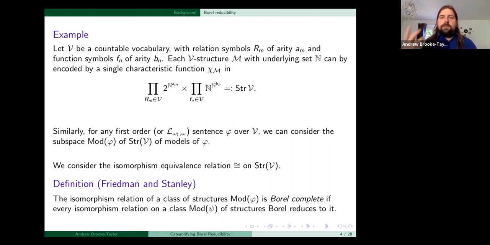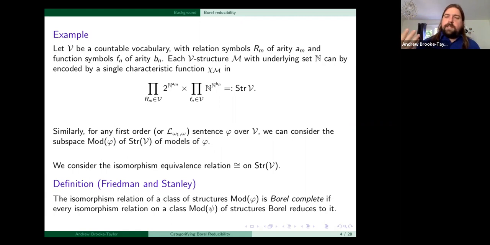And so being a key example, it's interesting to ask, well, if you consider all possible algebraic sorts of structures, classes of structures like this, well, then you can ask, is the isomorphism relation maximal in this Borel reducibility sense?